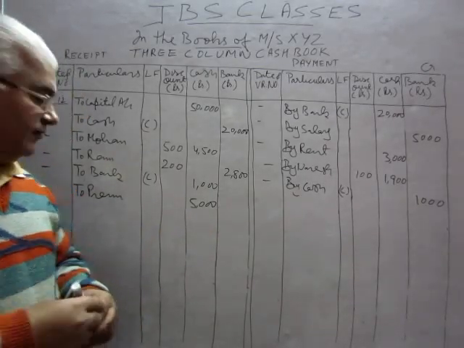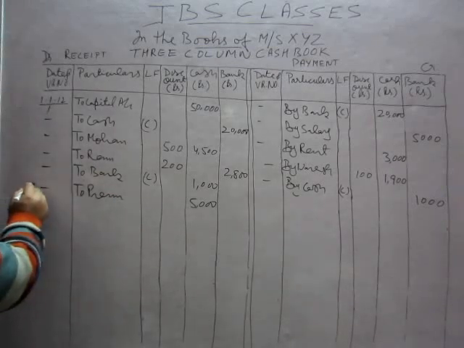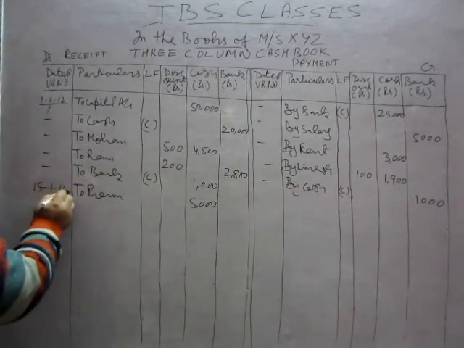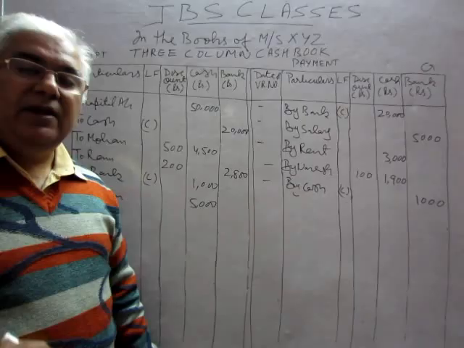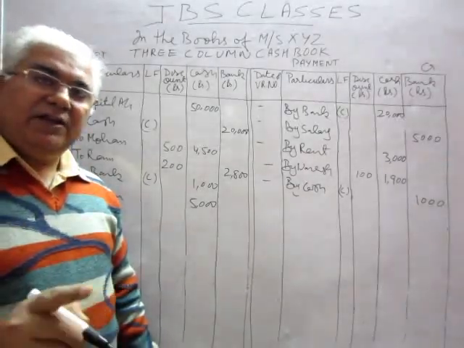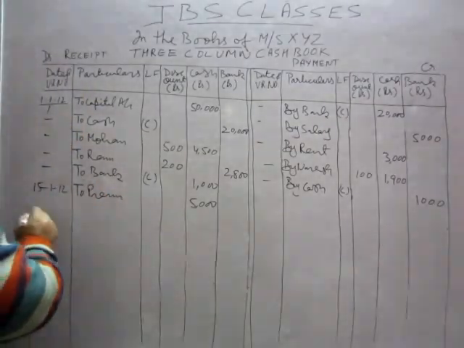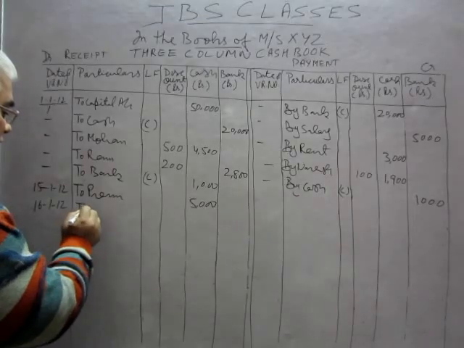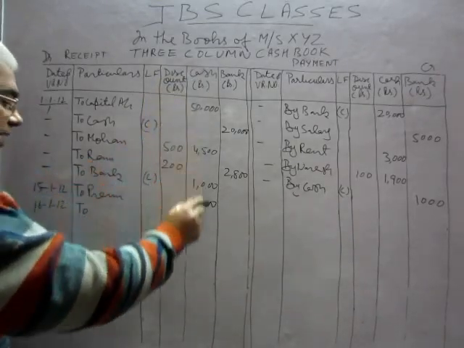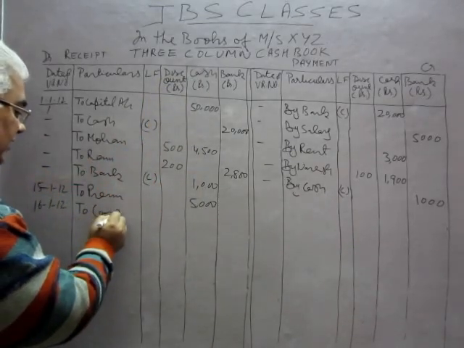Now on the next day, for example, if this is say 15/1/12, and it is deposited on 16/1/12, entry will be bank account debited to cash. So here it will be 16/1/12, to, it is being deposited in bank, to cash.